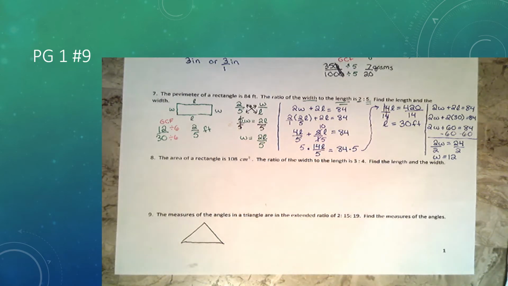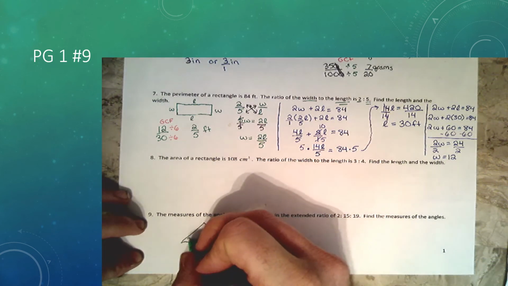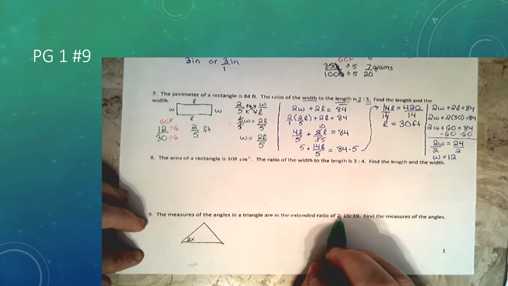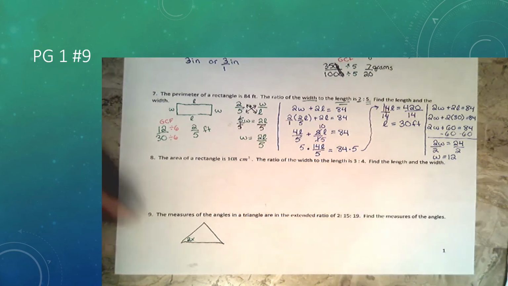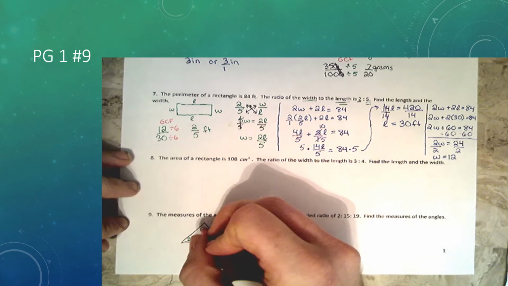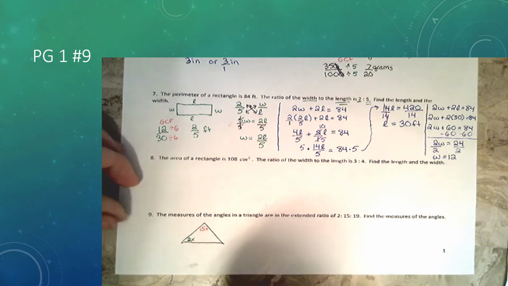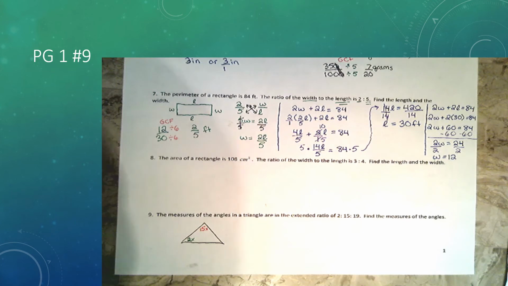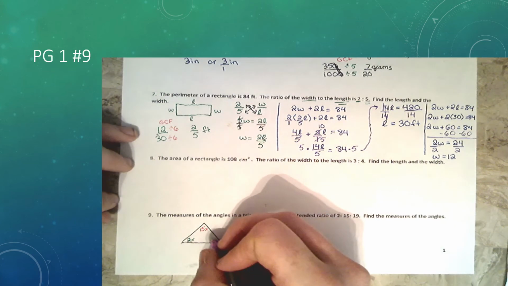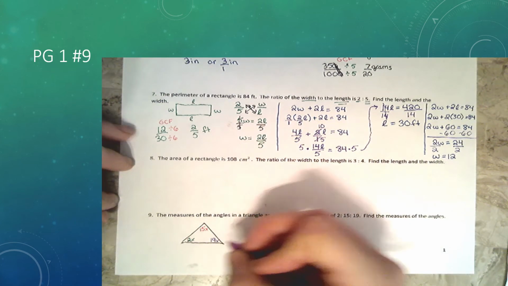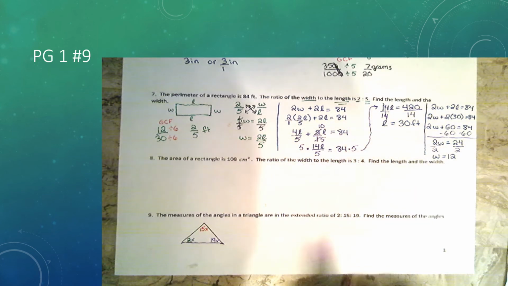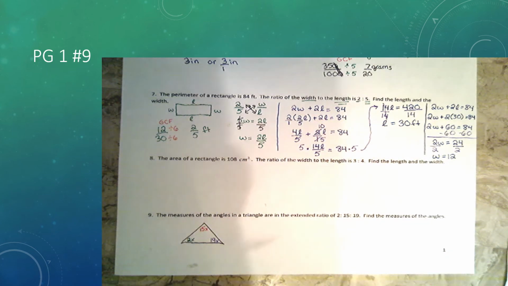So one of the angles we're going to use to find is going to be 2x. The next one that we could do is 15x. And the last one that we could do is 19x. So I got these numbers from this extended ratio.